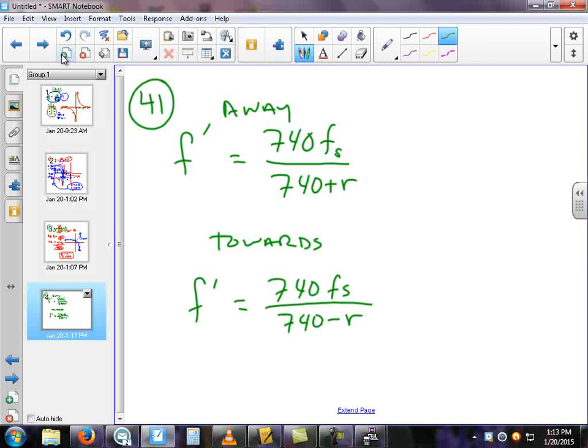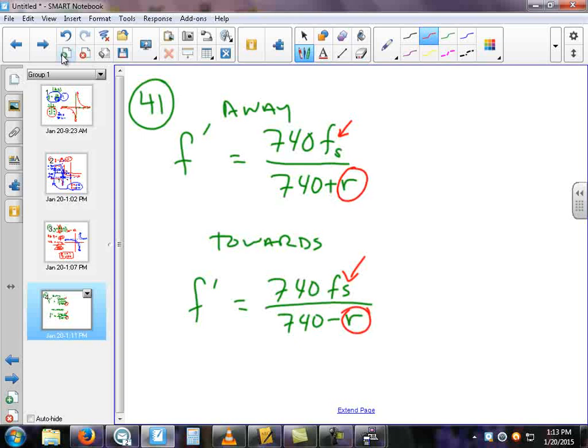And r, of course, is the rate at which the vehicle is traveling. So depending on whether it's coming towards you or away from you, it's going to impact the frequency of the sound you hear. And if you notice, the frequency of the sound, that's predetermined. That's a set value for the siren. It's predetermined. What's different is the rate at which you drive away.